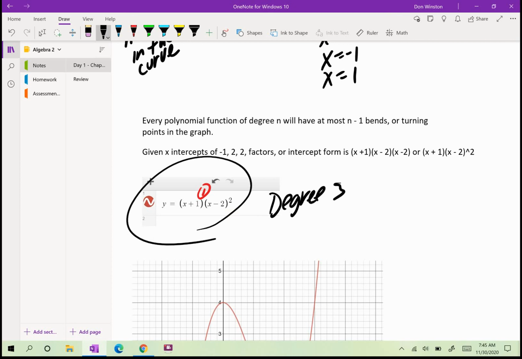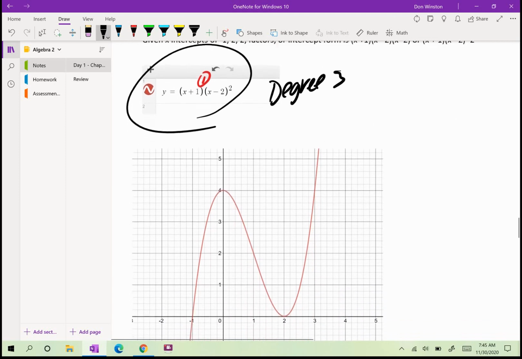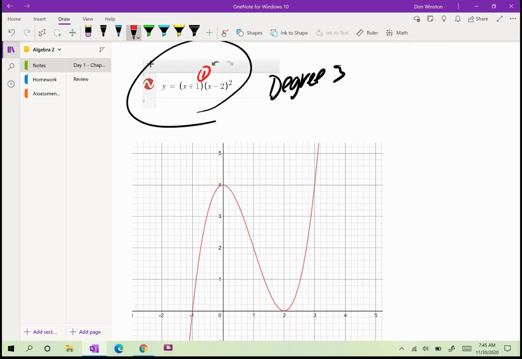So I should see at most 2 bends in the graph. So I could graph that out. So here's my zero at -1, and here are my other 2 zeros, 2 and 2. And as you can see, it has at most 2 bends. The leading coefficient is positive.